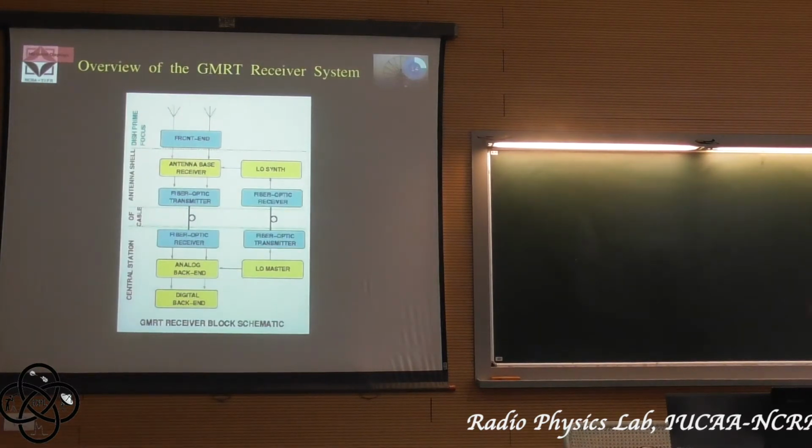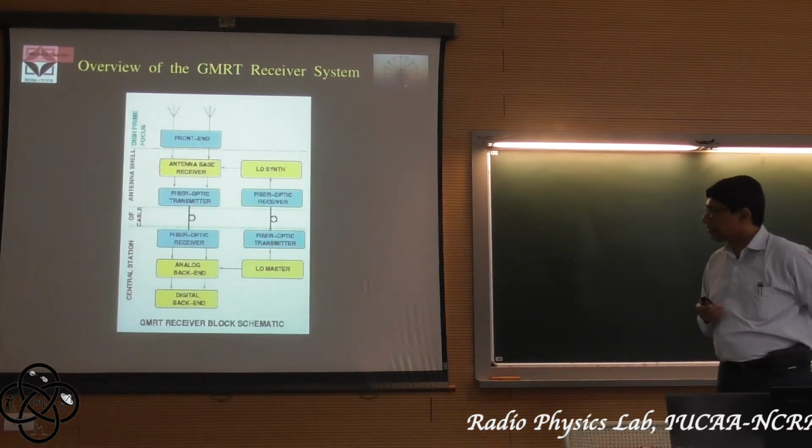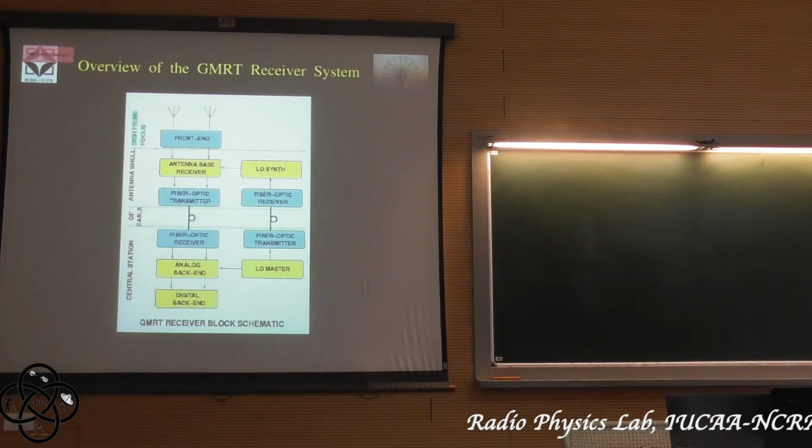And what I'll do is I'll just briefly talk through some of this. So you can break it into these very basic blocks. The feeds which pick up the signal, the front-end electronics, which is at the focus of the dish, then additional electronics at the base of the antenna, at which point you convert the RF signal into an intermediate frequency, IF, signal, which is transmitted over the optical fiber transmitter, received by the receiver at the central station, converted back into an electrical signal, digitized, and then processed in digital electronics.